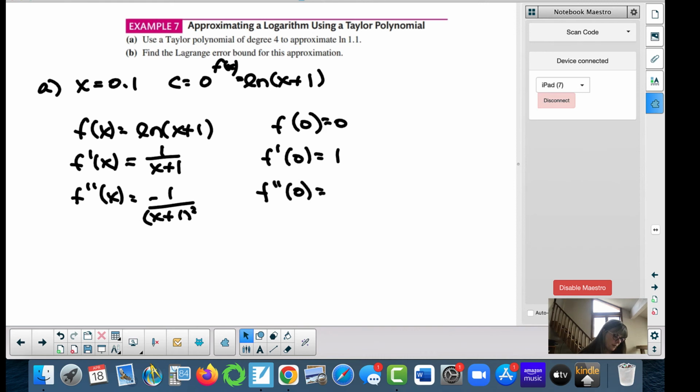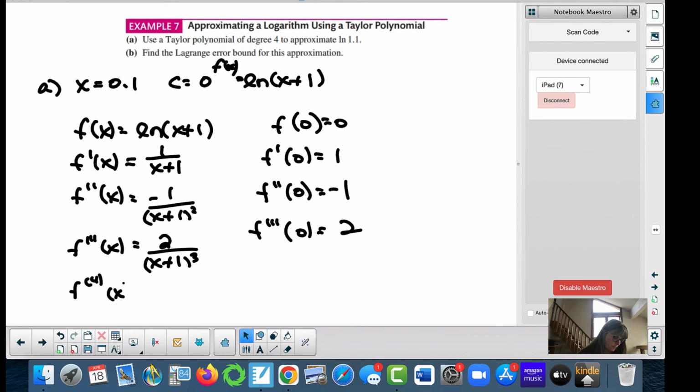Evaluating that at 0 gives negative 1. Third derivative, 2 over x plus 1 cubed. That gives us 2. And the fourth, negative 6 over x plus 1 to the fourth, and that gives us negative 6.